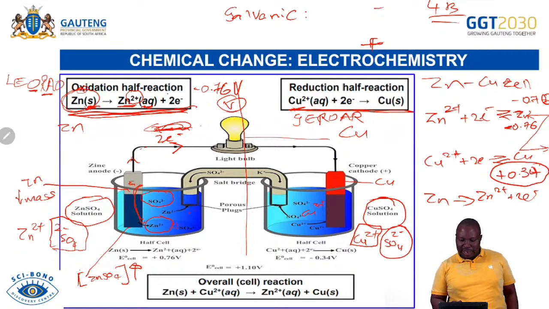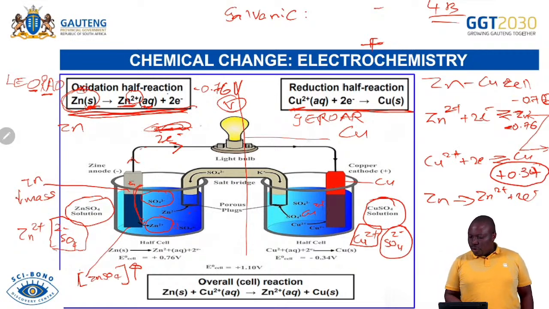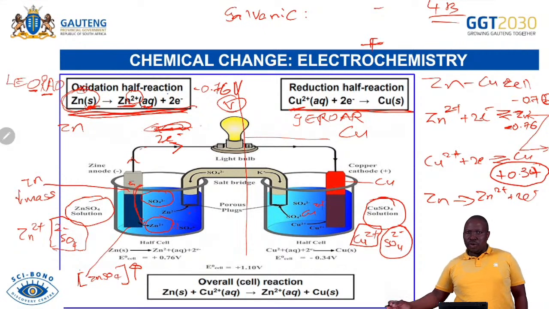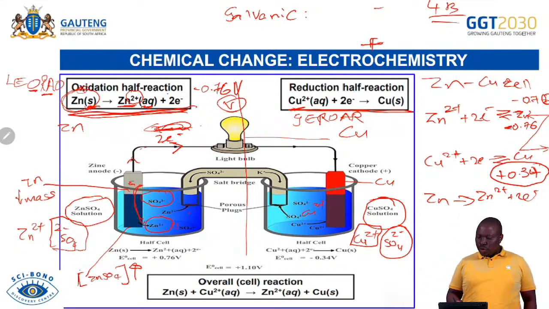We'll deal with that. So now, as the electrons move this side towards the copper or the cathode, what will happen? Remember, red cat, reduction takes place or occurs in the cathode. So as the electrons come here, they react with the copper 2+ from the solution. So you will expect that the copper sulfate solution will decrease.